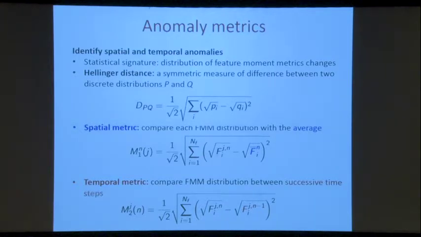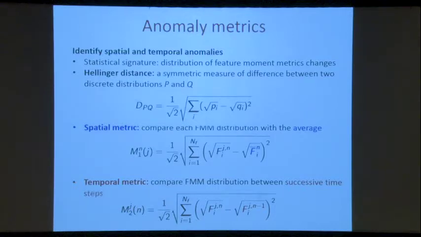And so we applied this Hellinger distance and developed a spatial metric based on the feature moment metric distribution with respect to the average in the computational domain at a given time.